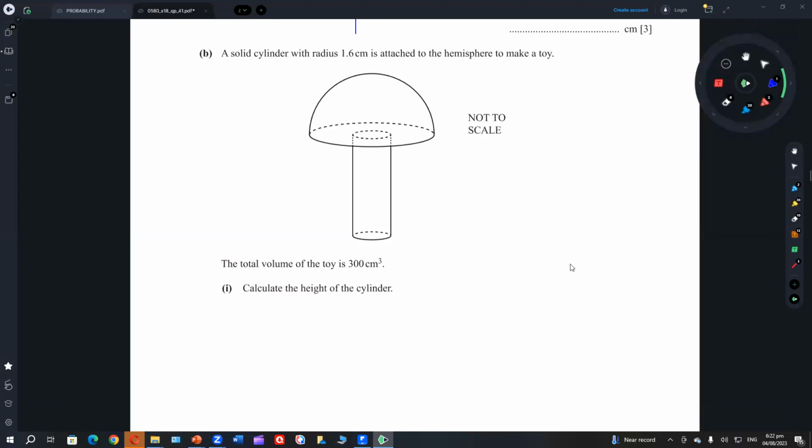A solid cylinder with radius 1.6 centimeter is attached to the hemisphere to make a toy.